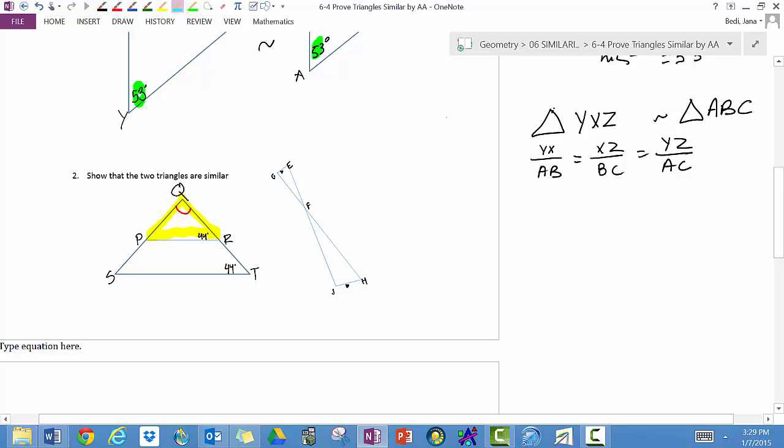It is also common to SQT. So if I was to write a similarity statement, it would be that triangle PQR is similar to triangle SQT.